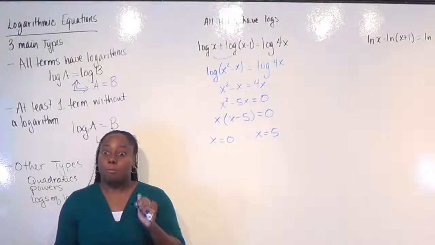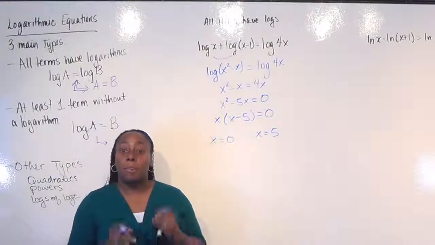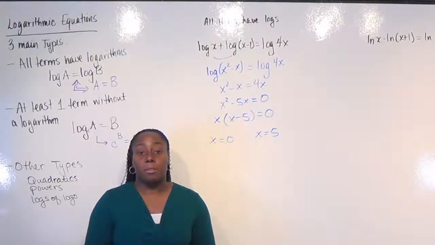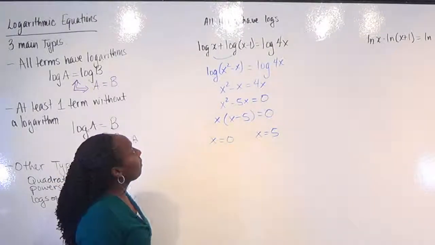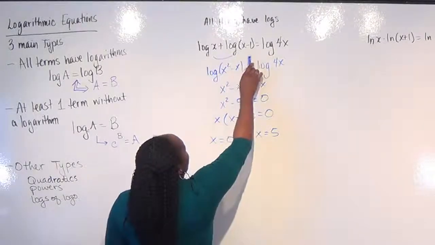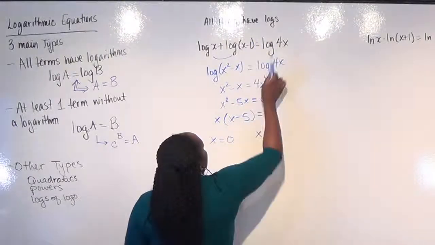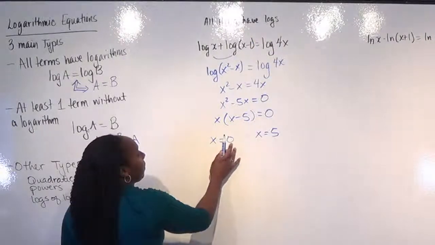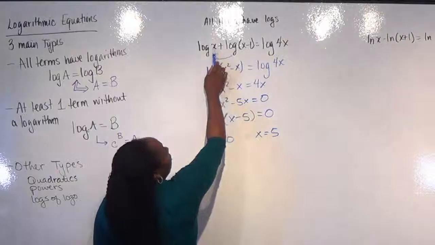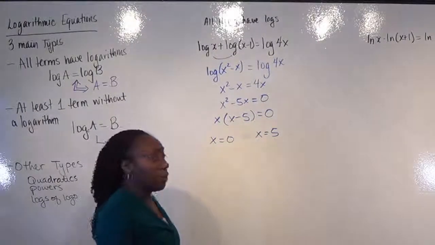Actually, not just the x's, but the argument has to be greater than 0. So if I'm looking at my logarithms here, every value that I plug in for x needs to make these arguments positive.